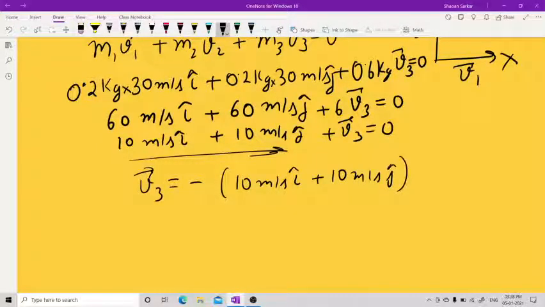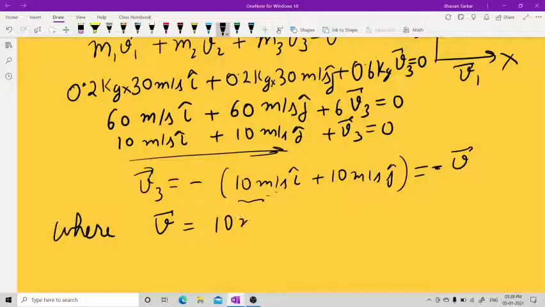Now the resultant velocity is opposite to the resultant of these two. What is the resultant velocity of these two? Let us find it out. Let this be equal to minus v. Let us consider this as v, where v is 10 meter per second i plus 10 meter per second j.